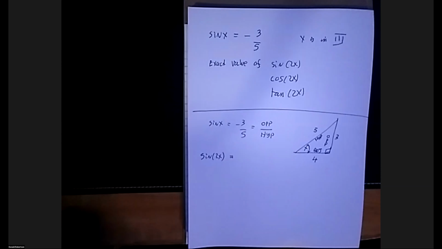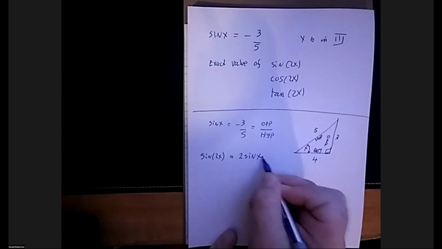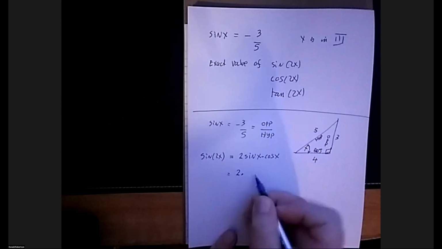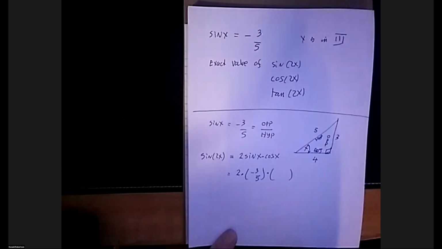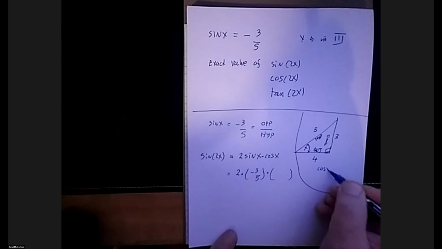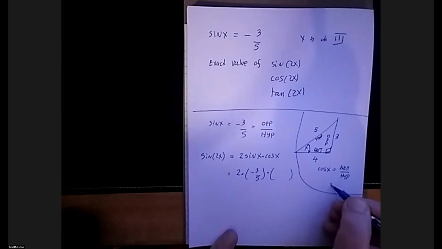Yet another formula. The sine of 2x can be written as 2 sine x cosine x. That's going to be 2 times the sine of x, which is 3/5, times the cosine of x. Well, if I look at my little triangle here, the cosine is the adjacent over the hypotenuse, which means that it is 4/5.